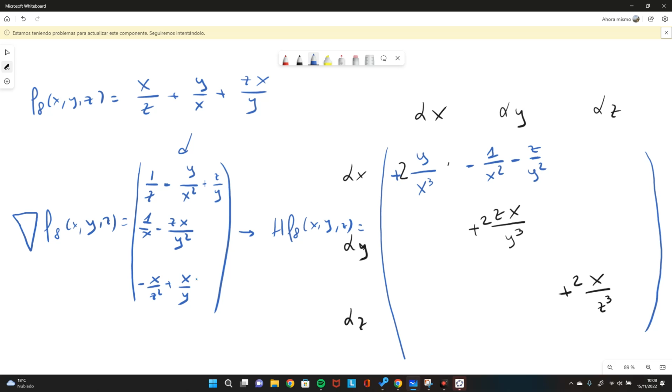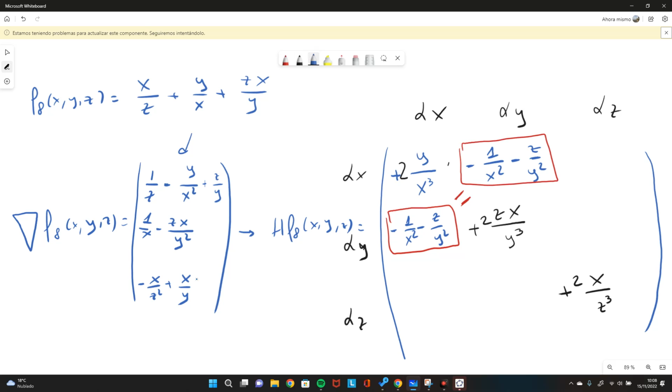Let's see if we have the same actually. What about this one with respect to x? We have minus 1 divided by x squared minus, and now just z divided by y squared. Of course, it's going to be the same. I know it, but I just wanted to show you that these two are actually the same. Although sometimes it doesn't look like they're gonna get to the same point, but well, they do.